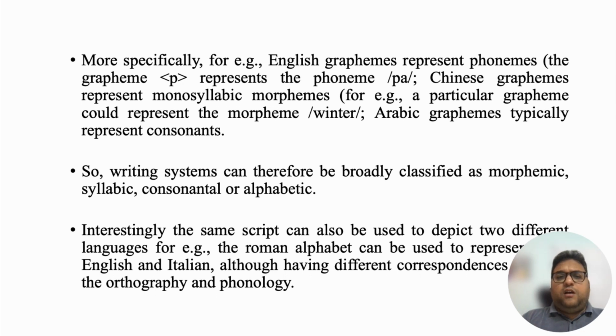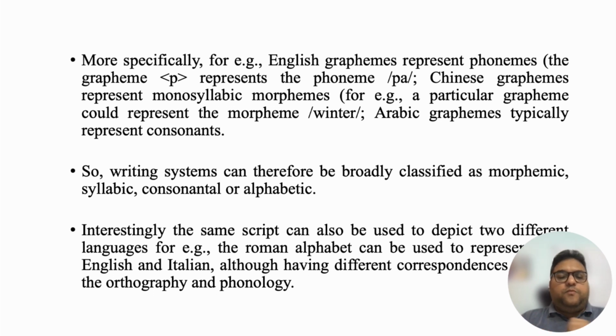So you can classify scripts into different categories based on how they choose to depict units of speech, and in that sense each of these scripts will have certain unique characteristics. Because we are developing categories, scripts that fall in the same category will share more characteristics than scripts that fall in different categories.